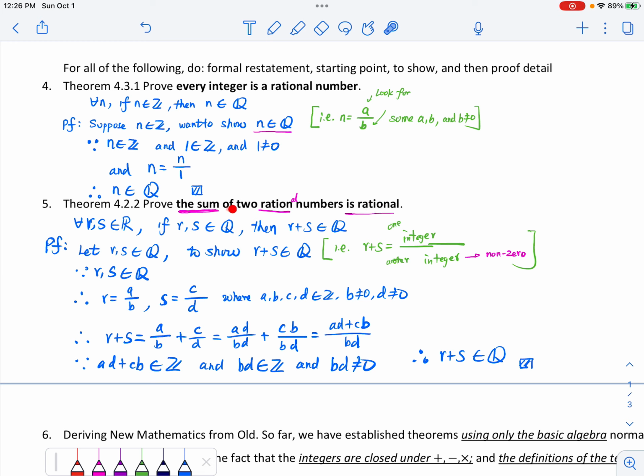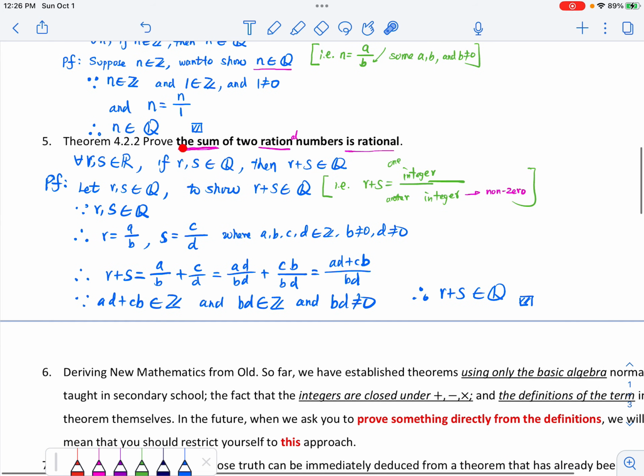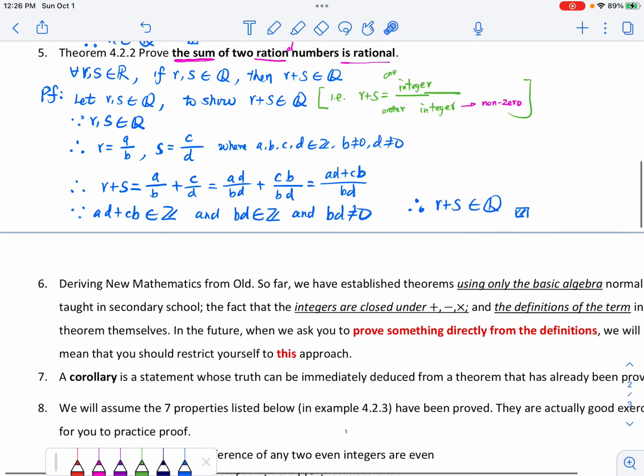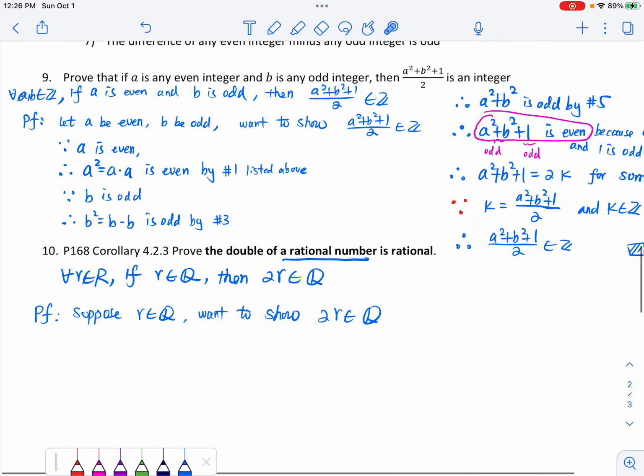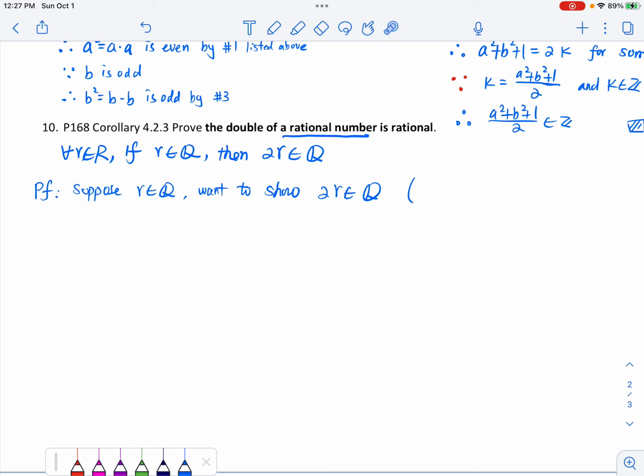I'm going to derive the result we are trying to prove using this theorem we already established. We can certainly derive this using the definition, but this is a corollary. I want to show you how to derive quick results from a theorem that's already established. That's why we call this a corollary.